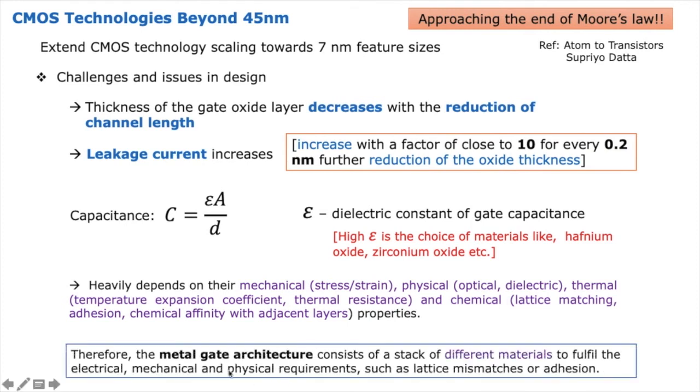Therefore, it is very important to understand what's going on between the metal and the gate dielectric layers, right? So contact and gate dielectric layers consist of a stack of different materials to fulfill all these problems that you may come across. So now it is not only one layer, but several layers that are considered.